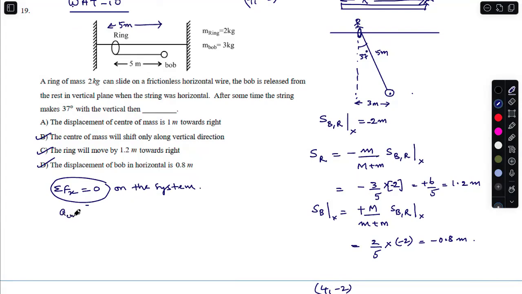So the acceleration of the center of mass x component is 0. But on the system, sigma Fi is not equal to 0, therefore ACMY is not equal to 0. So the center of mass will shift only along the vertical direction, which is correct.